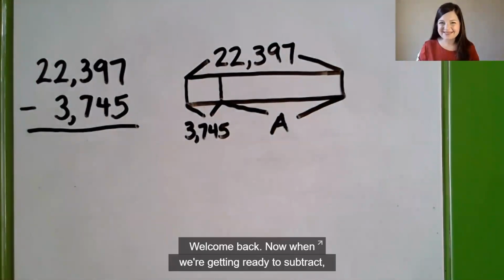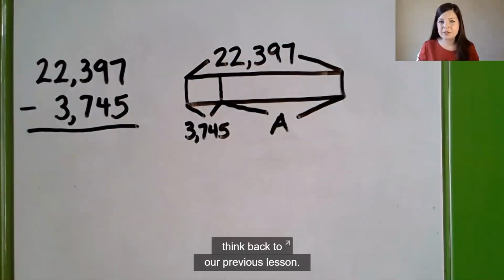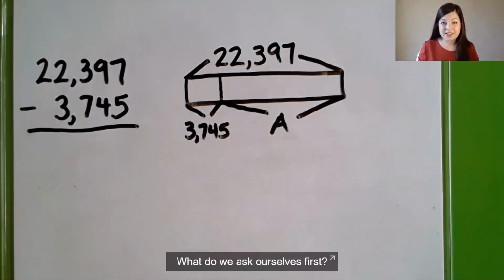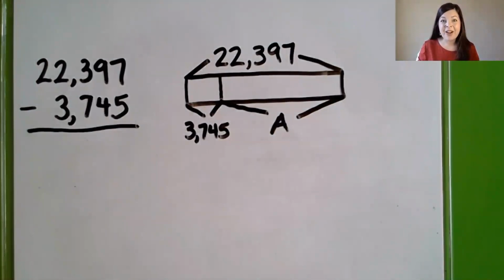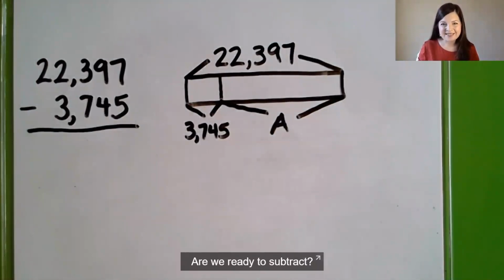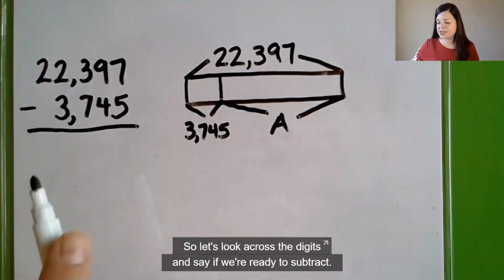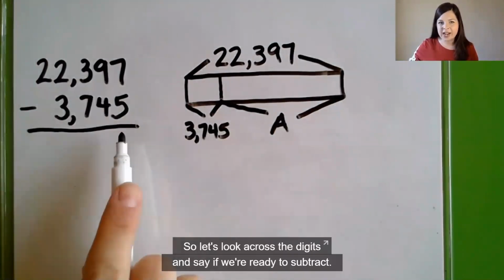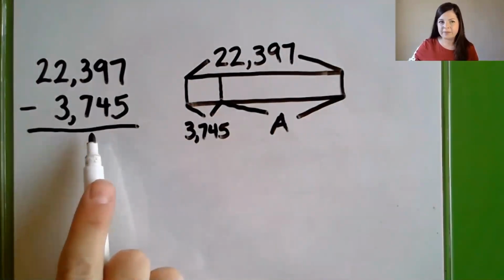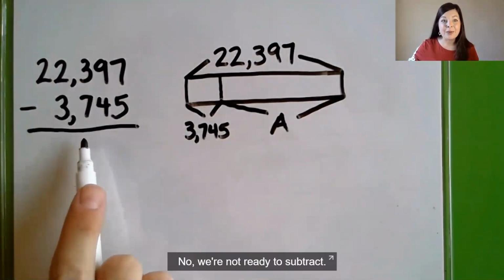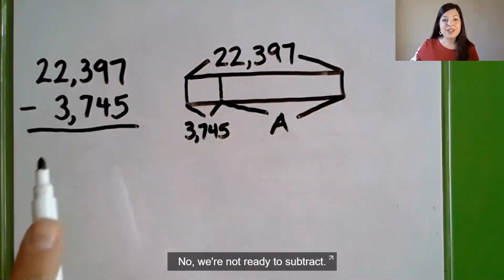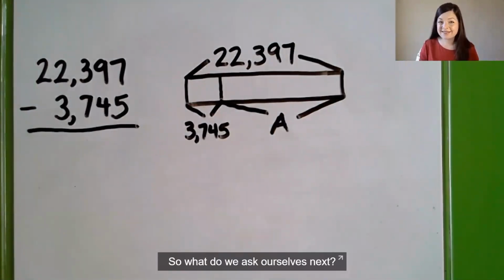Welcome back. Now, when we're getting ready to subtract, think back to our previous lesson. What do we ask ourselves first? Are we ready to subtract? So let's look across the digits and say if we're ready to subtract. No, we're not ready to subtract. So what do we ask ourselves next?